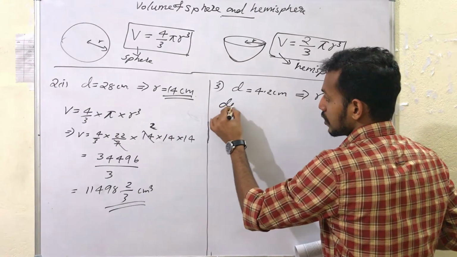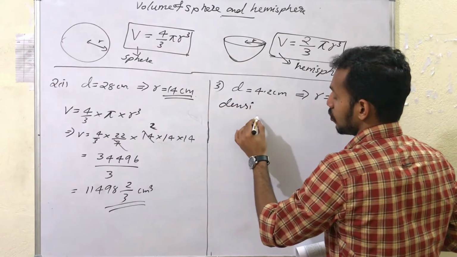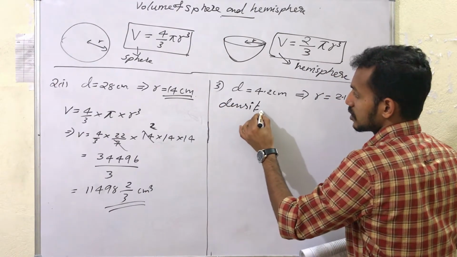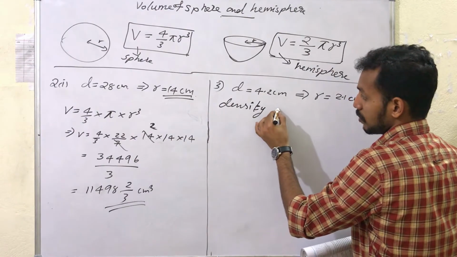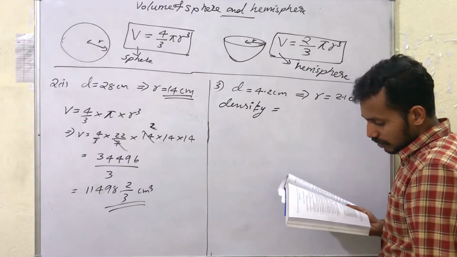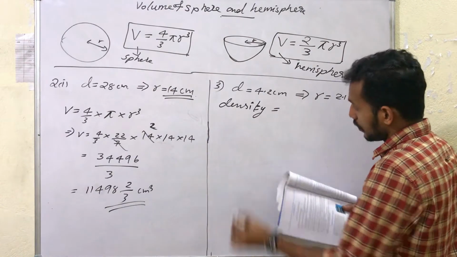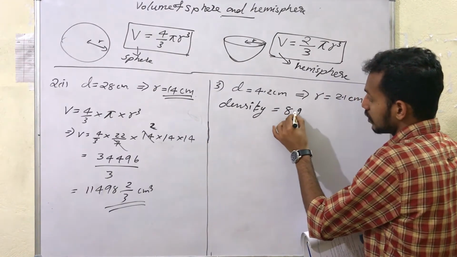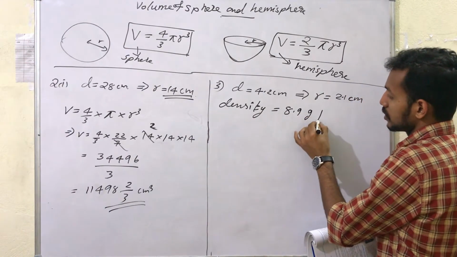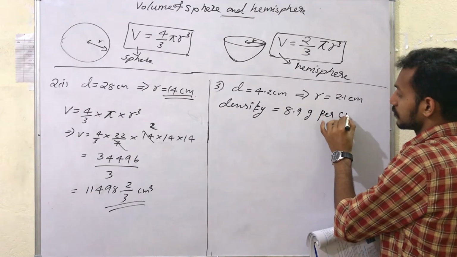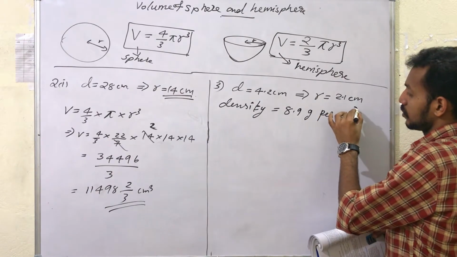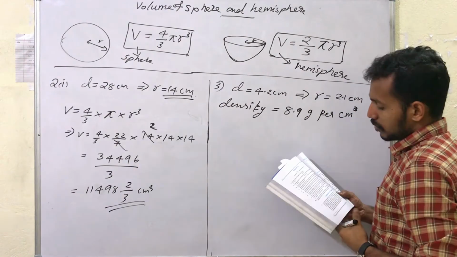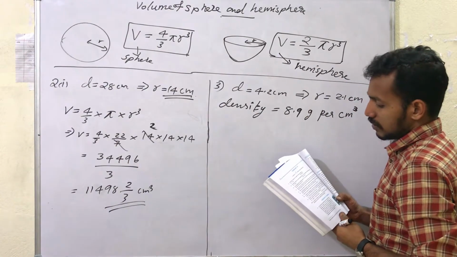And density is given, that is mass per volume. Density is mass per volume, which is given as 8.9 gram per centimeter cube. To find the mass, that is the question.